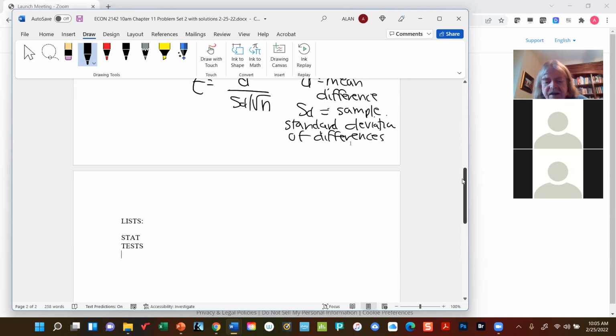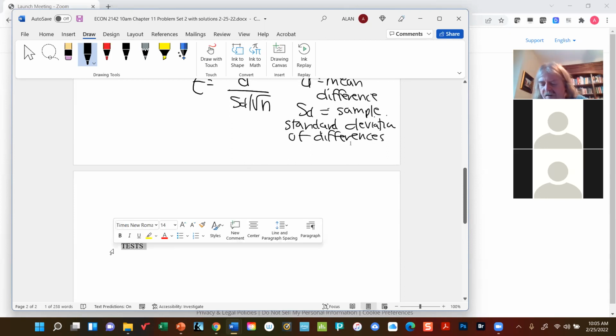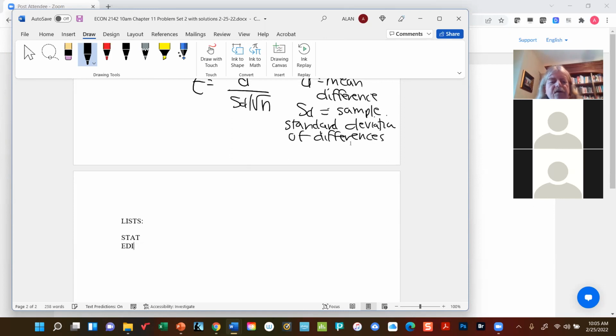It's not Stat Tests, it's Stat Edit. We're so used to using Stat Tests that I automatically said that. If you look at the top of the menu, it has Edit, Calc, and Tests to choose from. So we'll leave it in the default setting of Edit, and then choice number 1 is also Edit. If you pick that, hitting Enter will bring you to the lists.